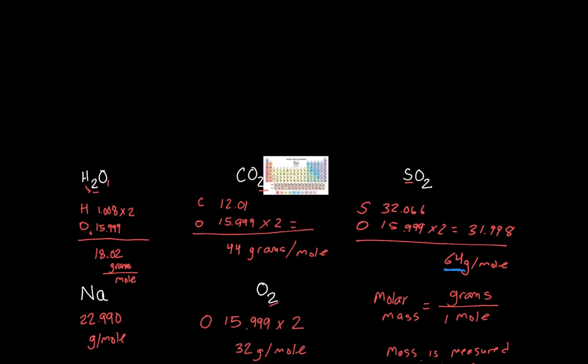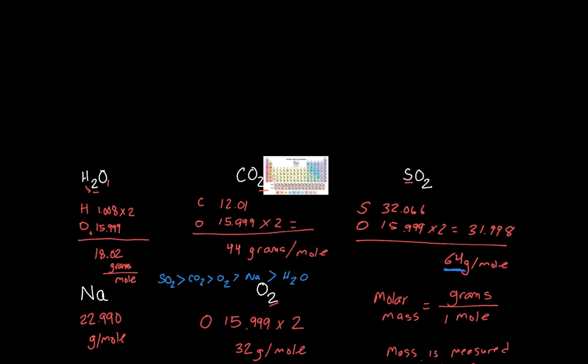So SO2, as we did up here, has a higher molar mass than CO2, which is higher than oxygen at 32, which is higher than sodium, which is greater than water.